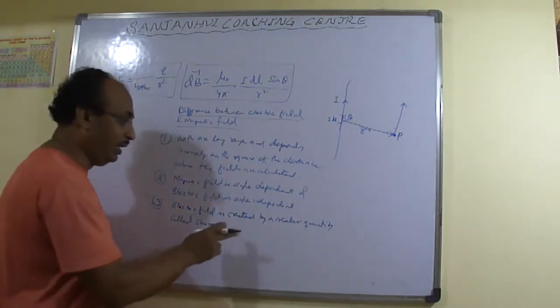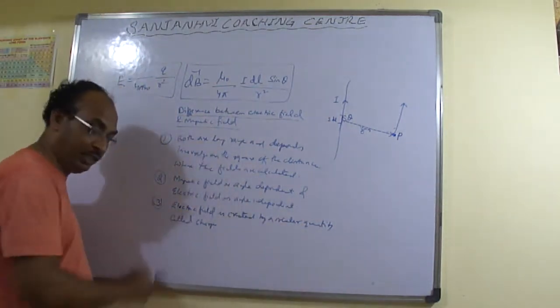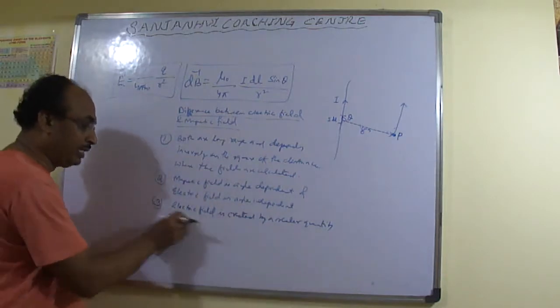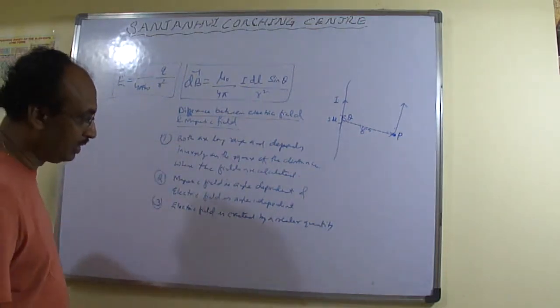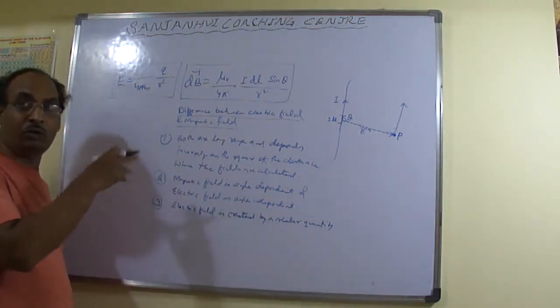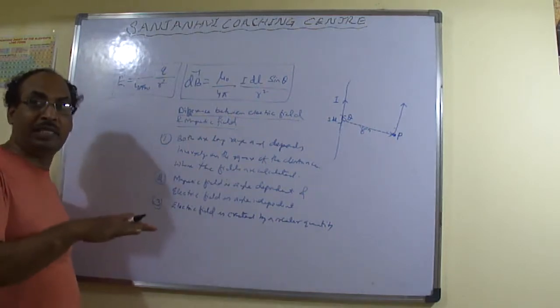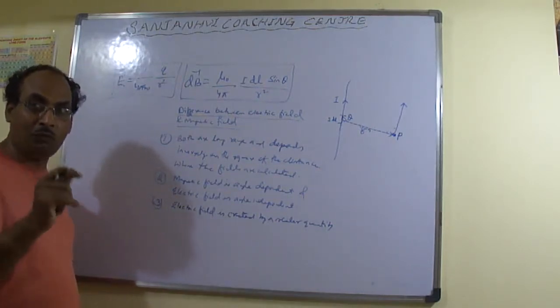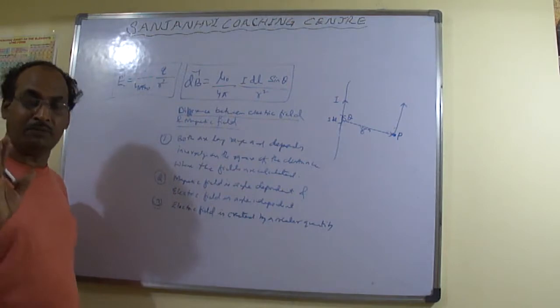So electric field is created by a scalar quantity, we will write only scalar quantity, because charge is there in both cases. The only difference is one is moving, one is static.